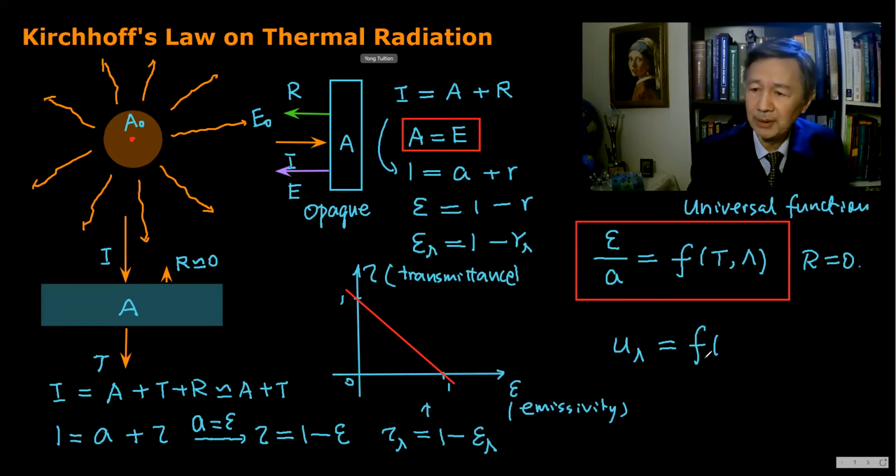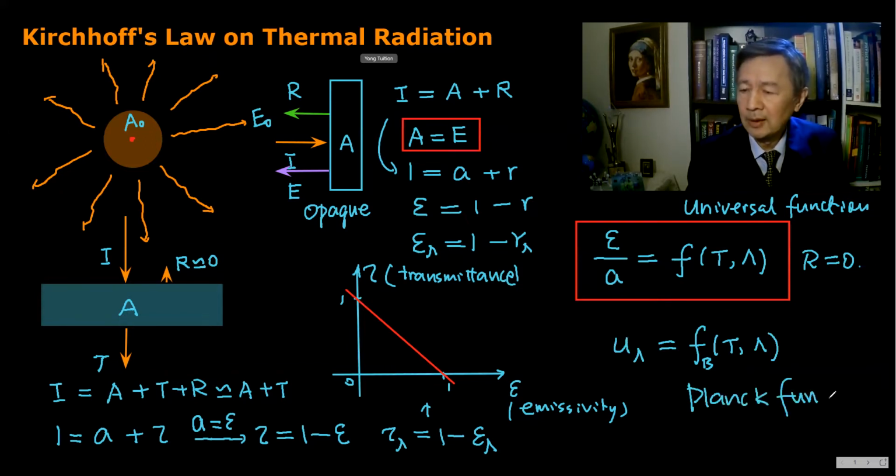We can use B here, a function of T and lambda. It is very useful, and you can find the Planck function in many theoretical studies about climate change. So that is the link between Kirchhoff's law and Max Planck's law about black body radiation.